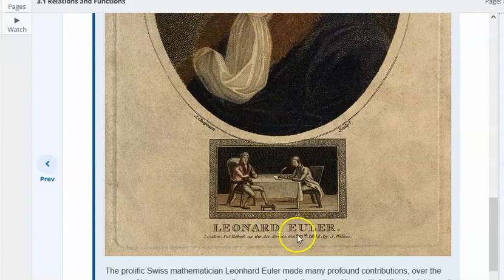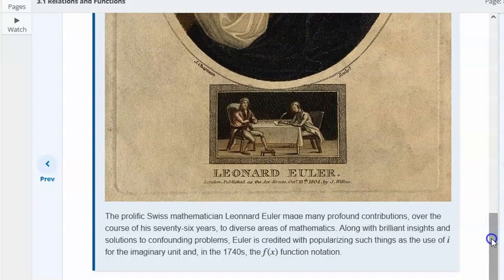So Euler, Leonhard Euler, a famous mathematician who developed f of x as a function notation, and also the letter i for imaginary numbers.